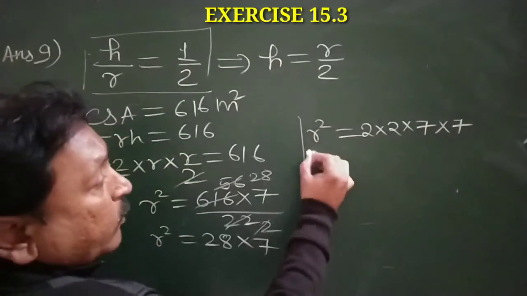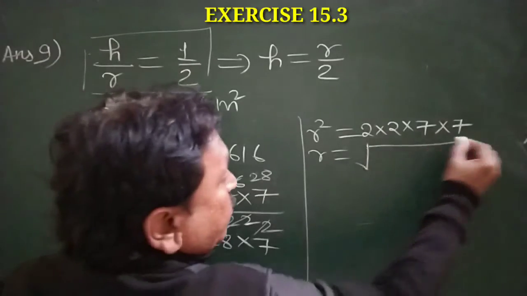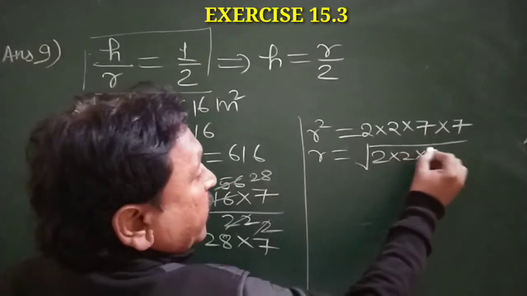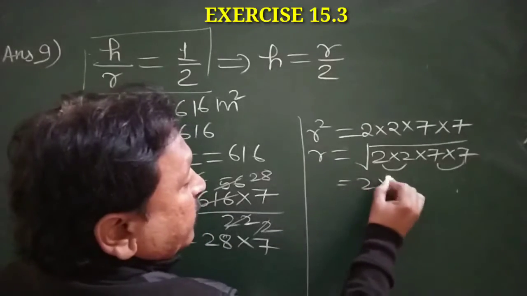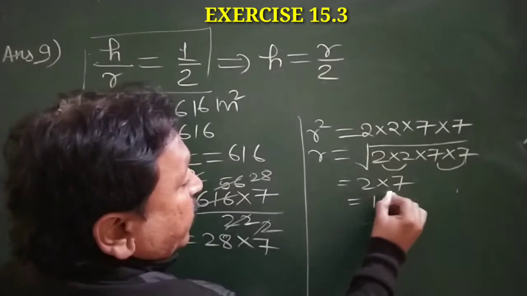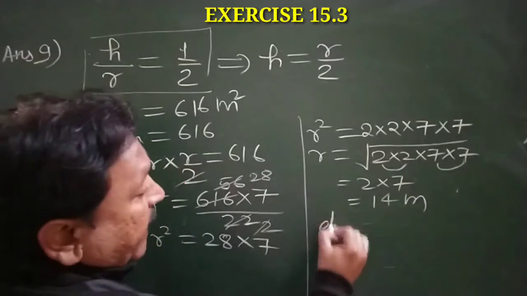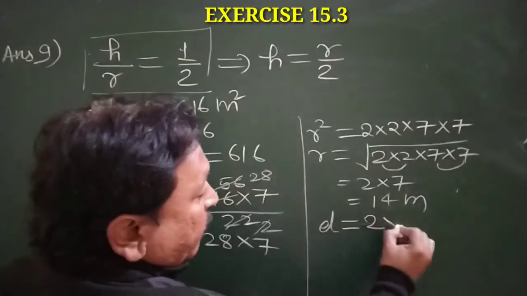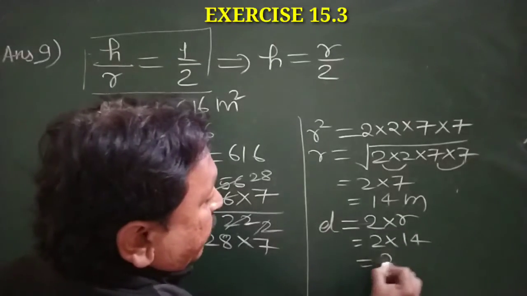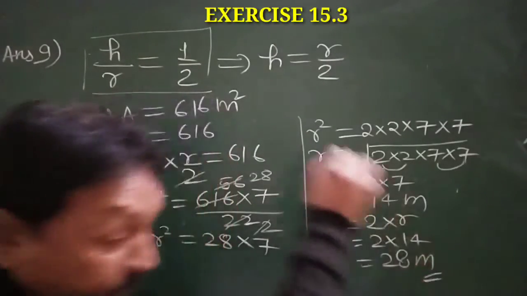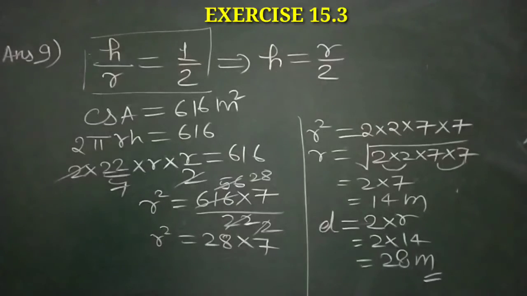We all know square goes in square root. So the square root will come on 2 into 2 into 7 into 7. One 2 and one 7 will come outside, so it will become 14 meter. Now we need the diameter. We all know diameter is double of radius, means 2 into 14. It will become 28 meter, which is our needed answer.